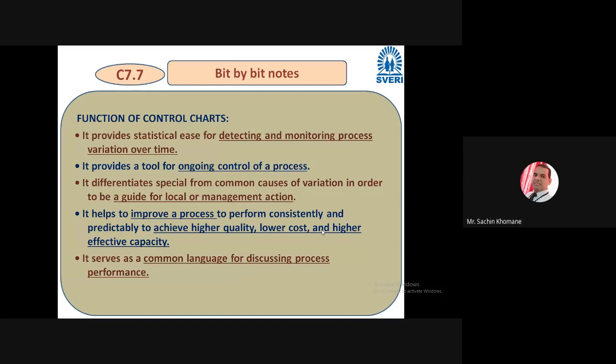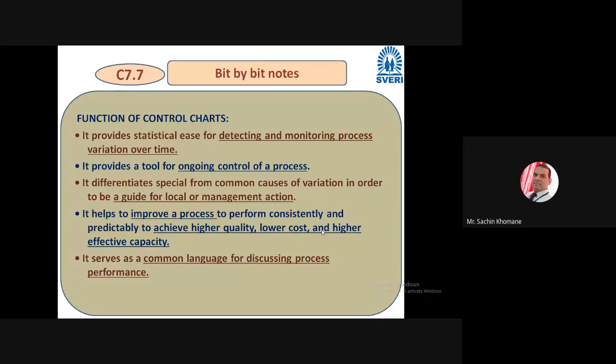Then another function is that it is a common language for discussion at the management level. So how do management people discuss? Just by looking at the control chart. This may be their discussion language. It is a graphical representation, so just by looking at the graph, they will understand.